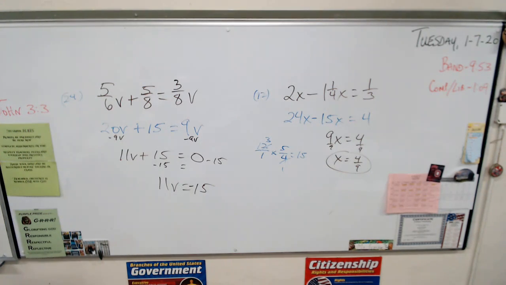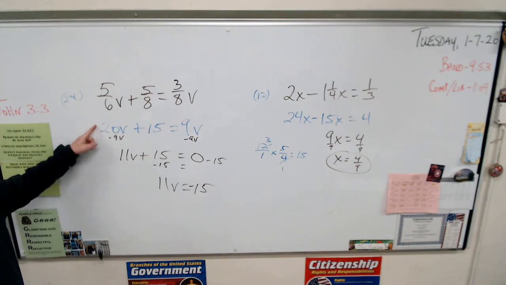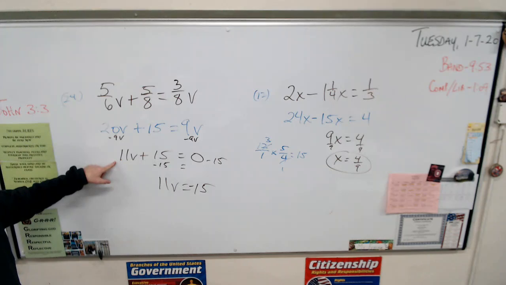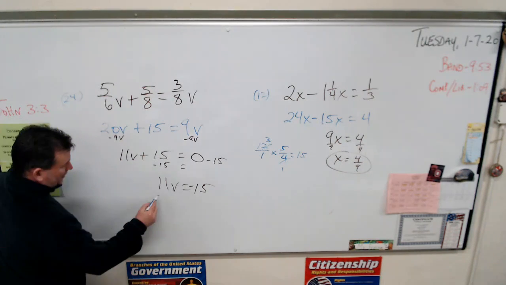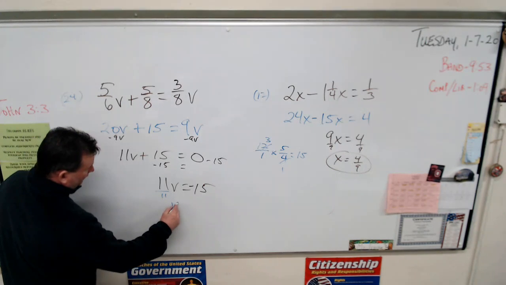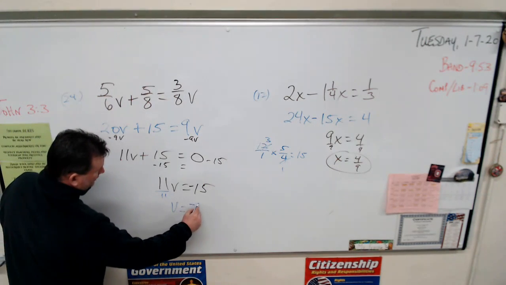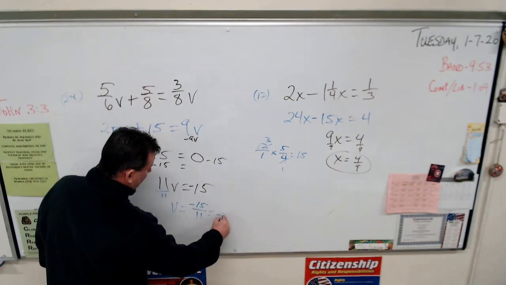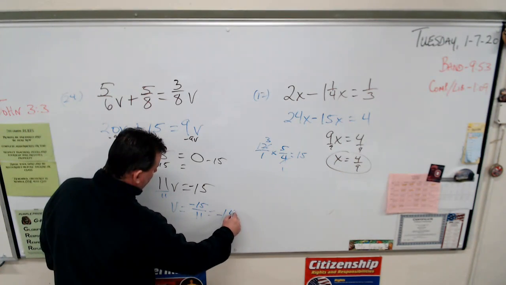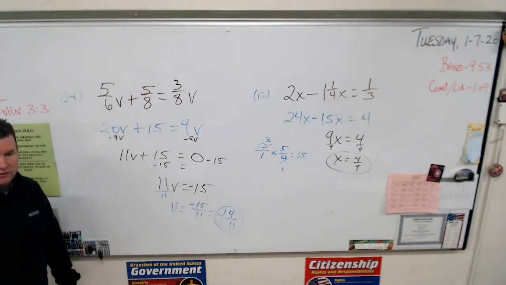How do I get rid of the 11? How did you get 11? I got 11 because 20 minus 9. I divide by 11. I got V equals negative 15 over 11, or negative 1 and 4/11.